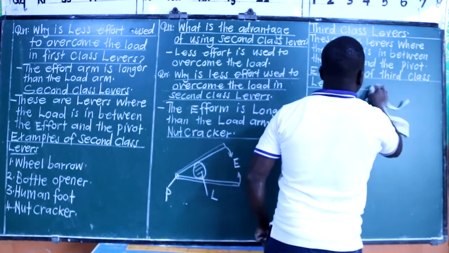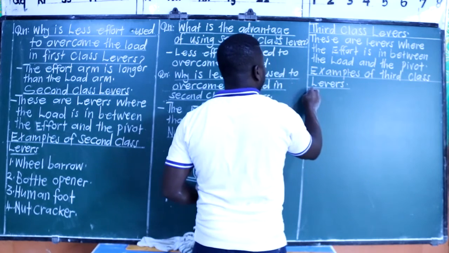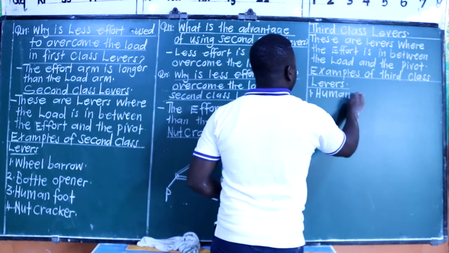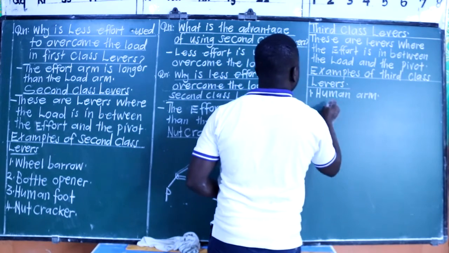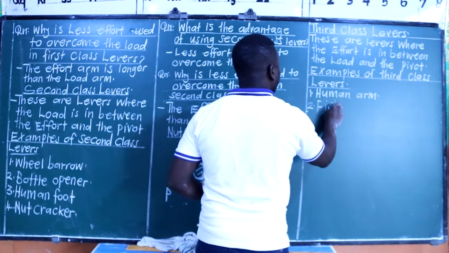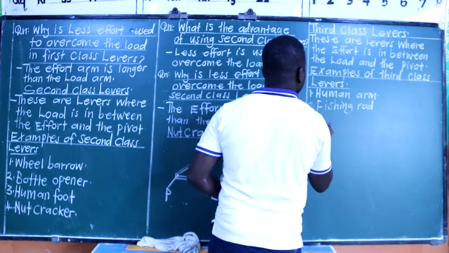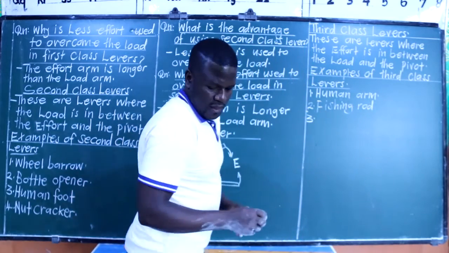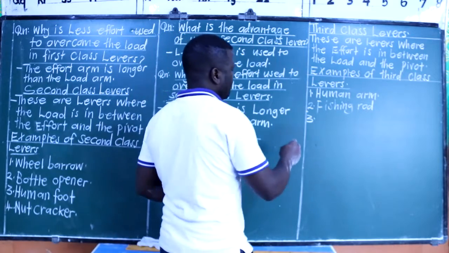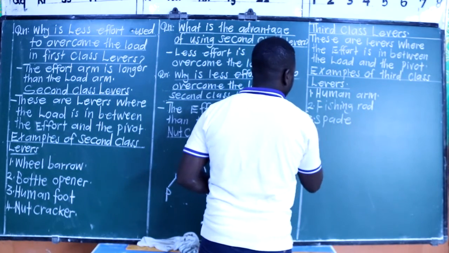Examples of third class levers. We have the human arm. The human arm is a third class lever. Fishing rod. Then we have a spade.